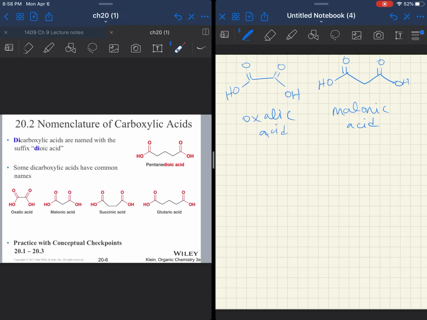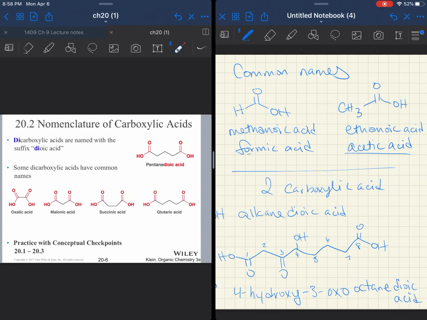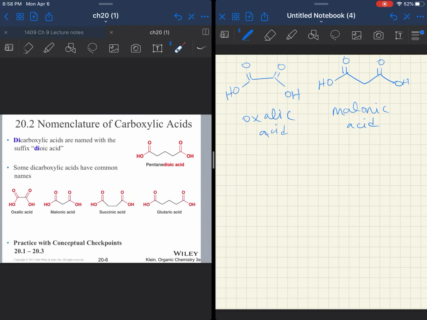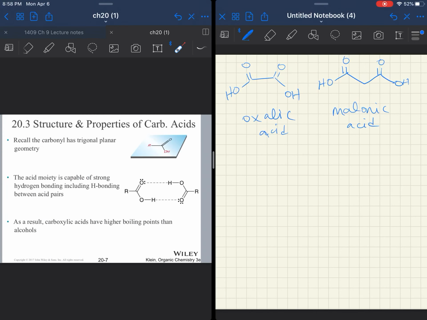Malonic acid will definitely come up in the next chapter. So I do want you to know these common names. Carboxylic acids have a lot of very widely used common names, so I'm not going to ask you to memorize all of them. But formic, acetic, oxalic, and malonic, you should know. I will test you on some of those.